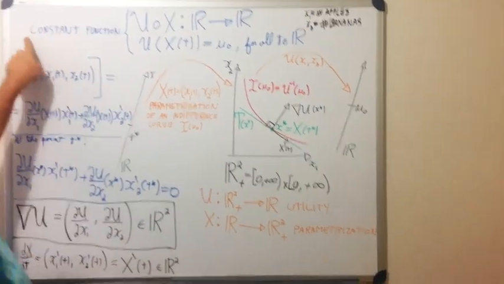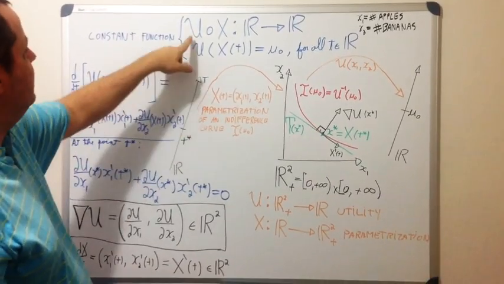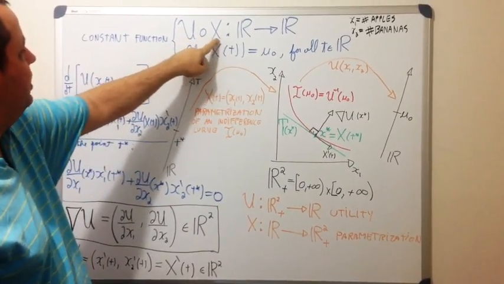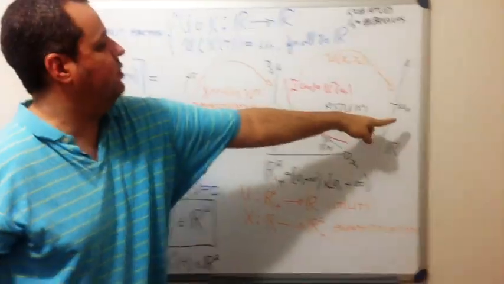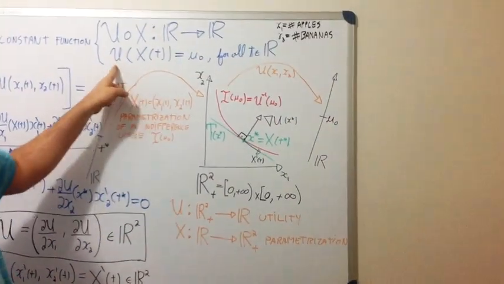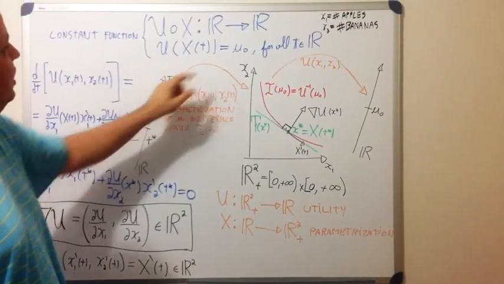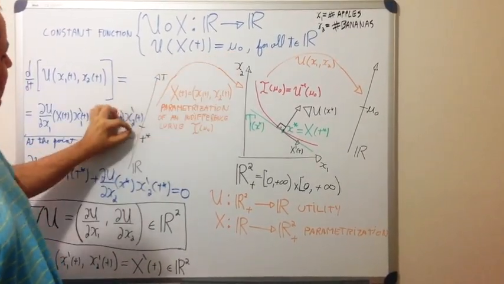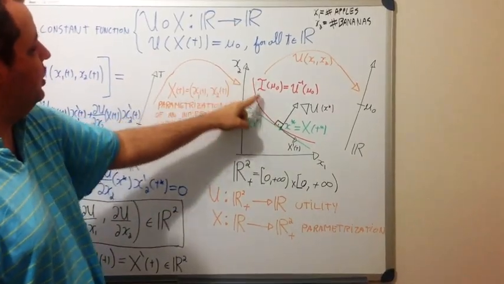And so here we consider this constant function. This parametrization is such that the composite function between the parametrization and the utility function picks the real numbers and takes you into real numbers. And for every value of t, as we move here, we always go to u0, because as we move the value of t here, we are always along the indifference curve.